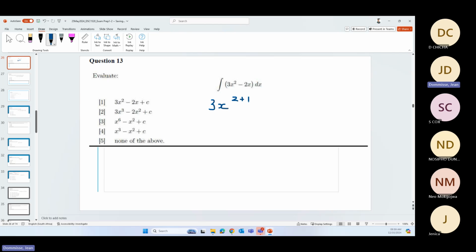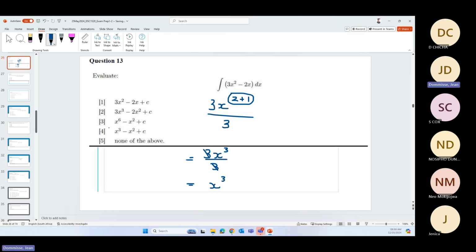Differentiation is when we subtract it, and then we divide by whatever this number is. So 2 plus 1 is 3, so we will divide by 3. So this one we could have written out as 3x to the power of 3 divided by 3, which then is x to the power of 3.